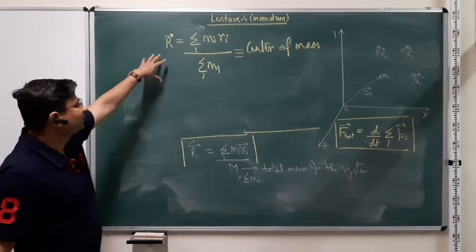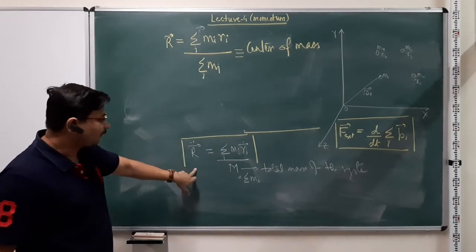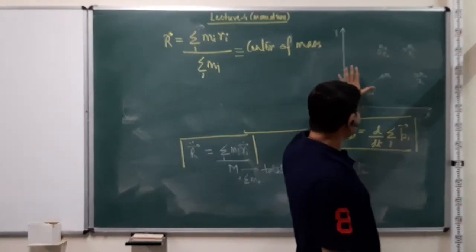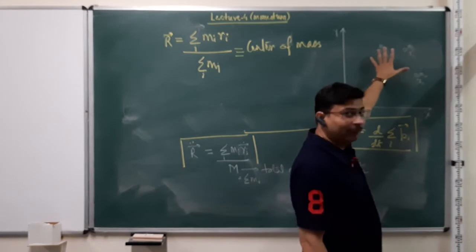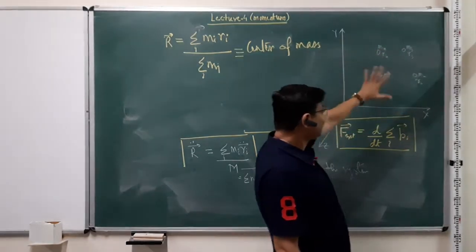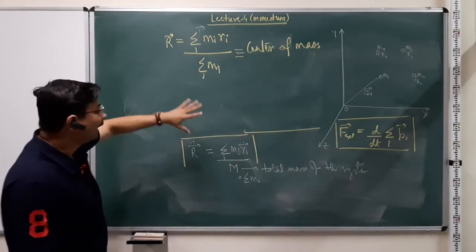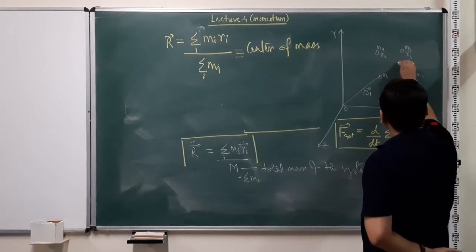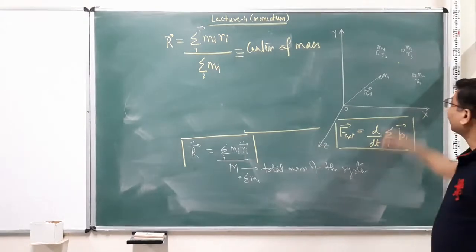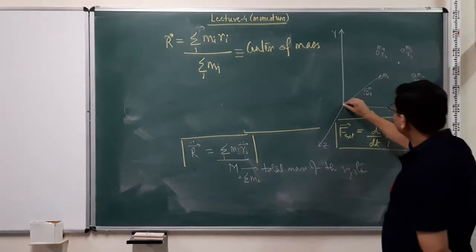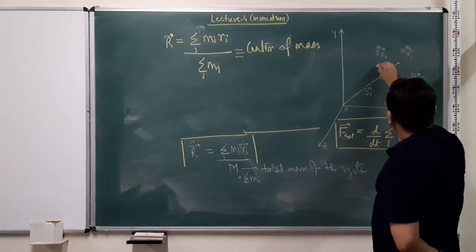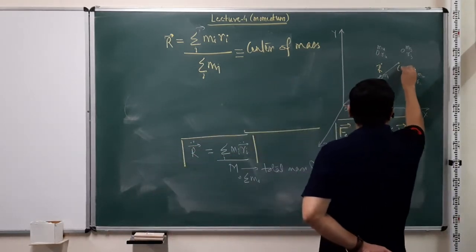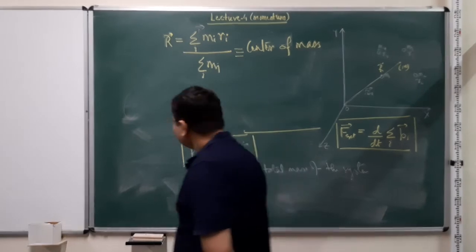What this center of mass basically describes, in terms of this equation, is that the effect of an external force acting on the system of particles is the same as if the total force acted at some hypothetical point R, whose position vector is R, and the total mass of the system were concentrated at that point.